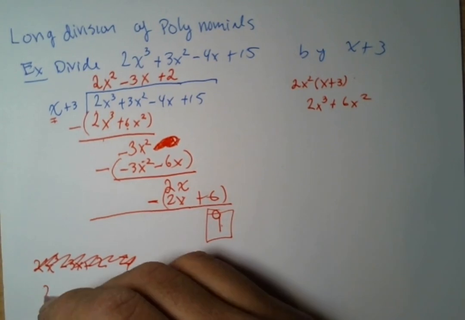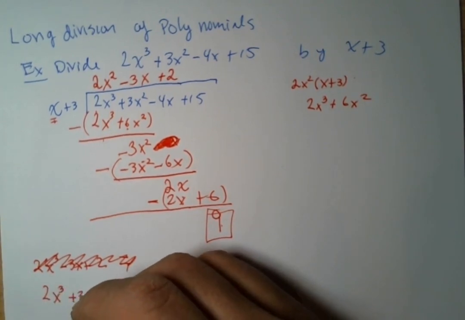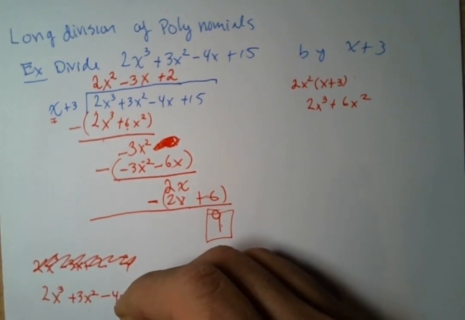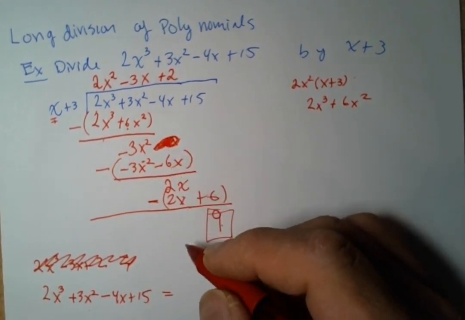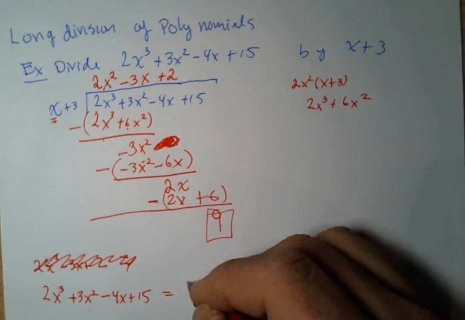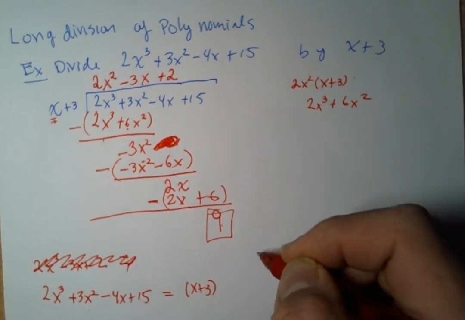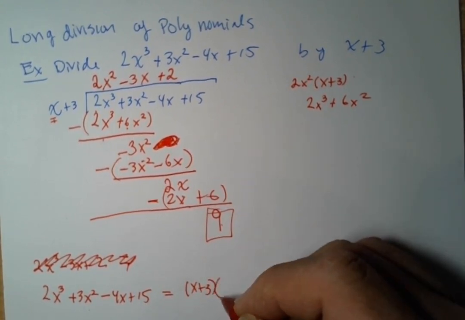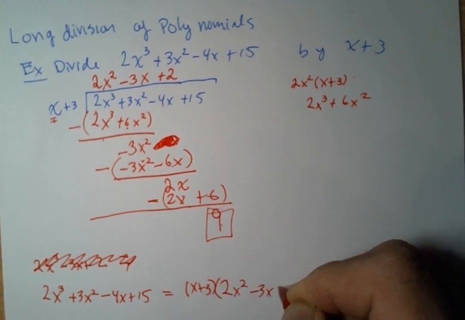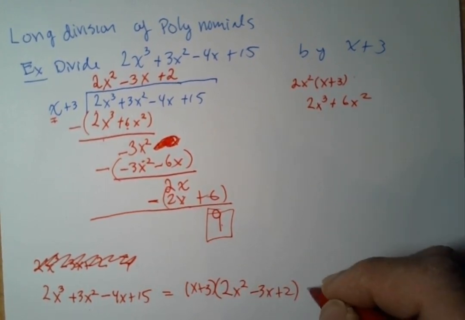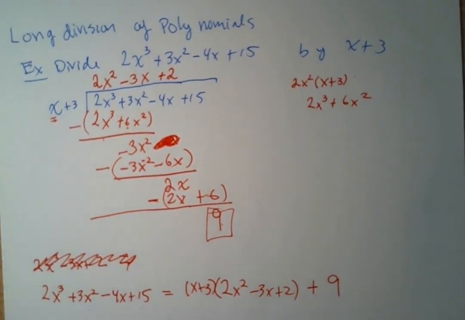Our dividend, 2x cubed plus 3x squared plus 15 equals our divisor, which in this case is x plus 3, times our quotient, and then our remainder, plus 9.